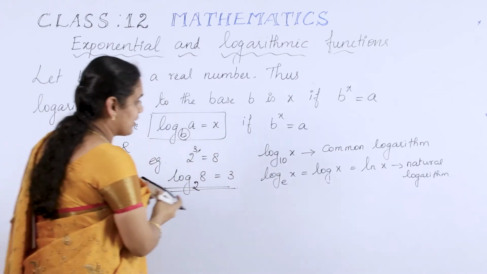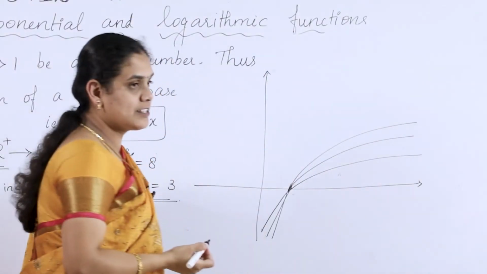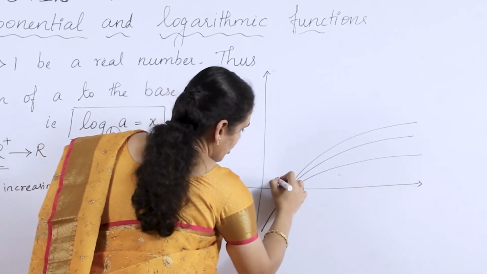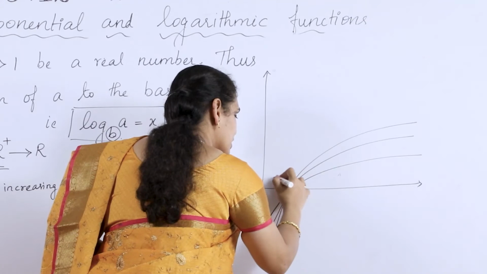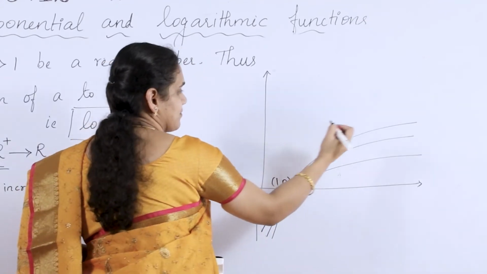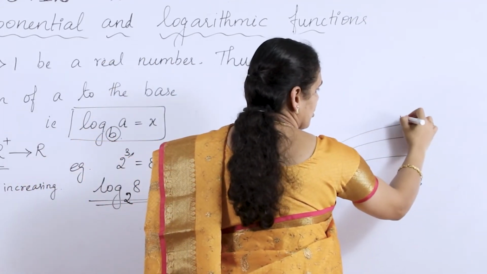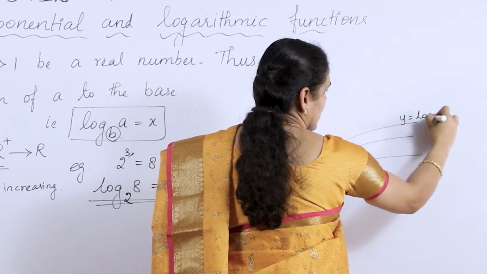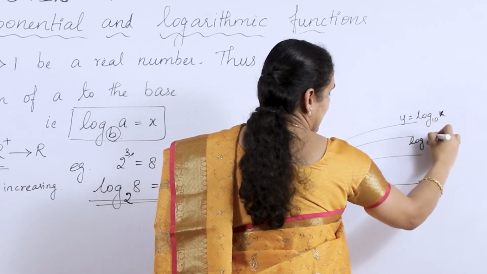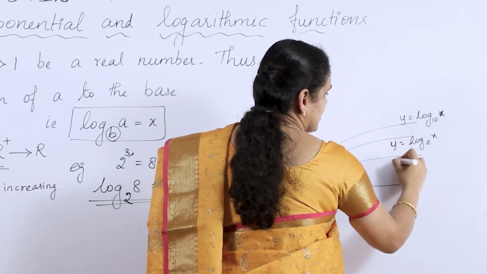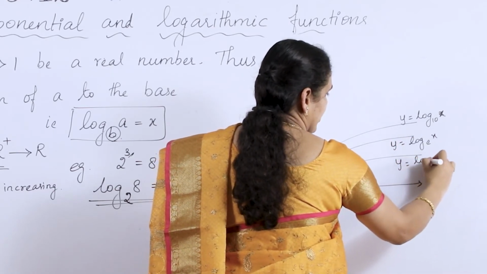If you see the graph, it goes like this. Therefore the point (1, 0) is always on the graph of log x. This is y equal to log to the base 10 of x, this is log to the base e of x, and this is log to the base 2 of x, for example.